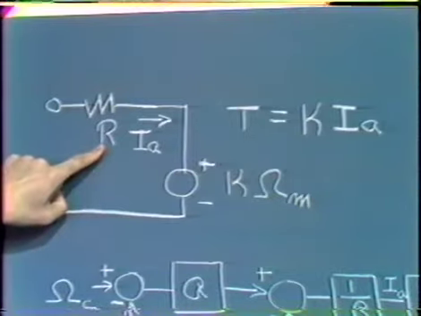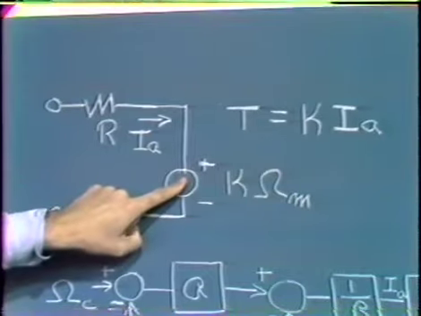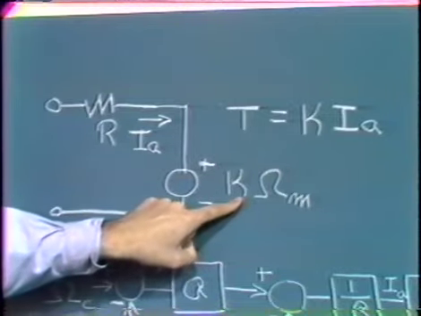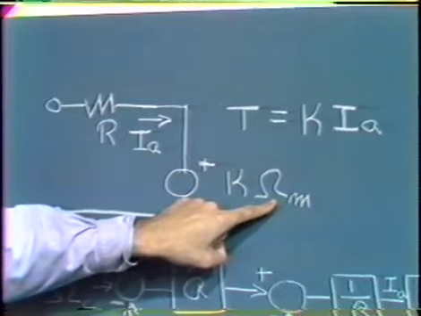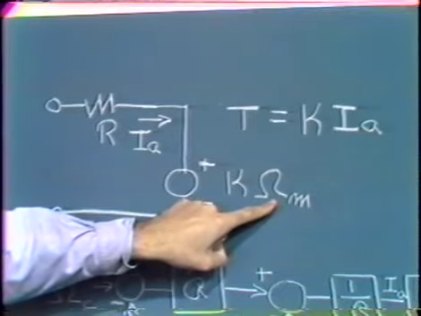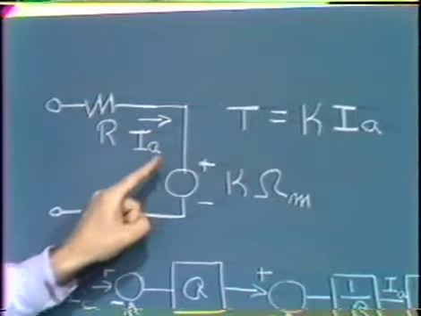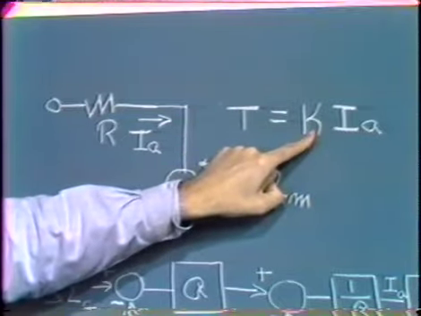Here we have a resistance, which is the armature resistance of the motor, and there's a back voltage generator whose voltage is some constant that has to do with the way the motor is constructed times the mechanical shaft velocity of the motor. At the same time, the torque that the motor supplies is simply equal to the armature current multiplied by a constant.